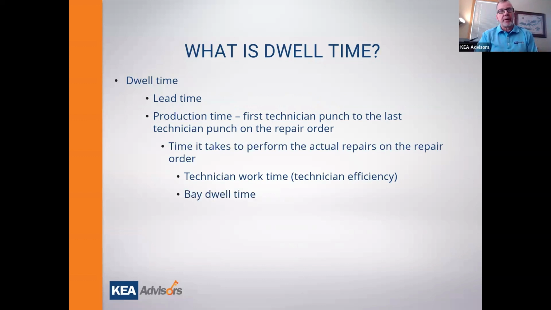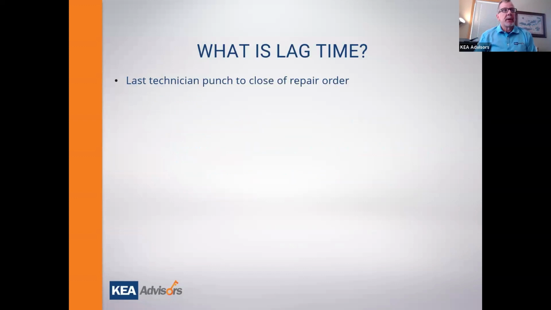Bay dwell time is simply waste, time that the repair is not being worked on. So remember, production time is the elapsed time of the first punch to the last punch, not always being worked on. We also have this thing called lag time. And lag time simply is the last technician punch to the close of the repair order, okay? Also known as cash flow.